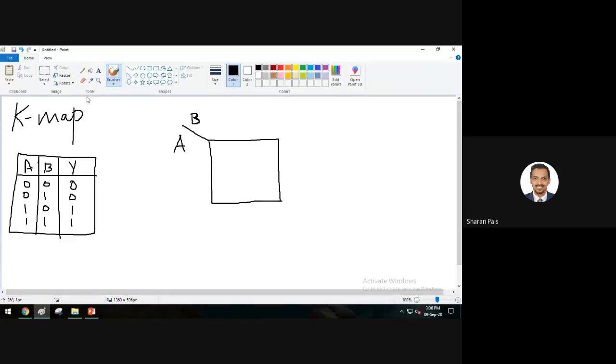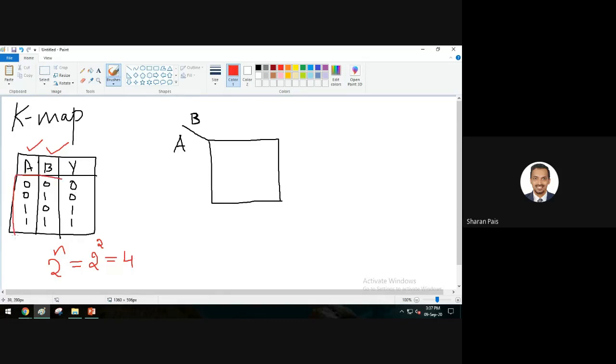In my table there are two inputs, A and B. The output is always one only. There are no two outputs. So with two inputs, how many values are possible? 2 to the power n, where n is the number of variables. 2 to the power 2, two variables A and B, so there are four possible values.